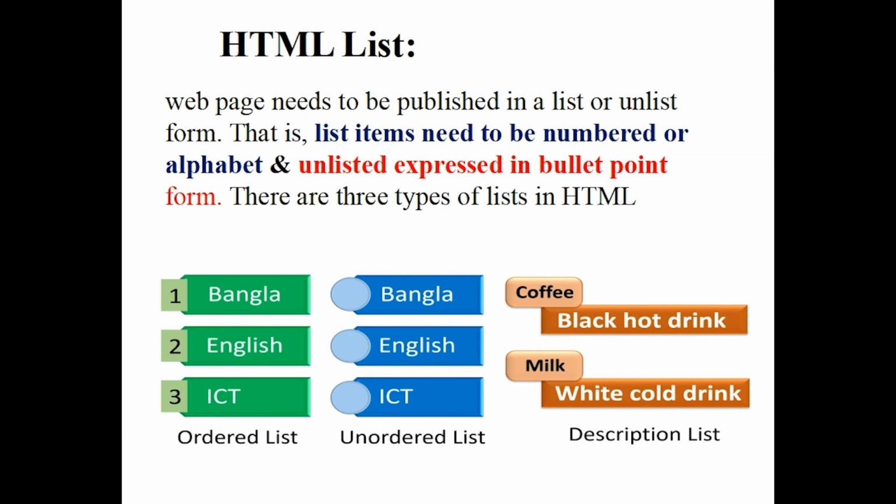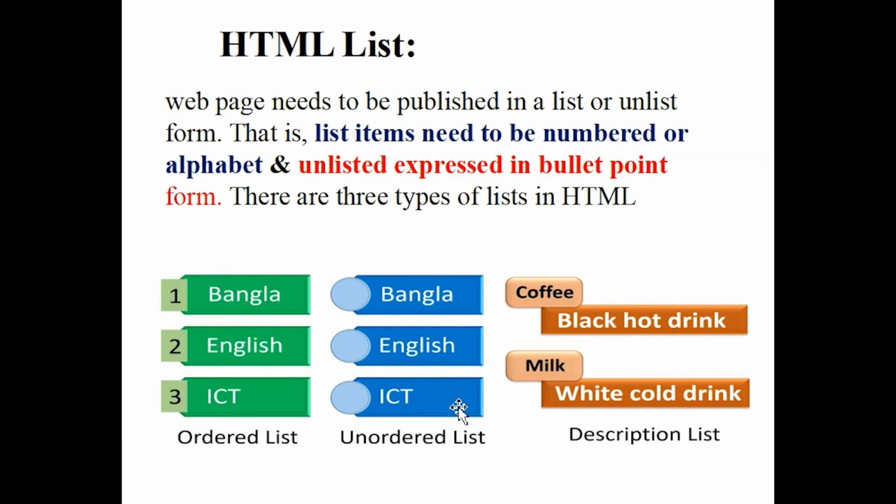The very first, the ordered list, as we have seen: Bangla, English and ICT, the three subjects are aligned and published within the ordered list.